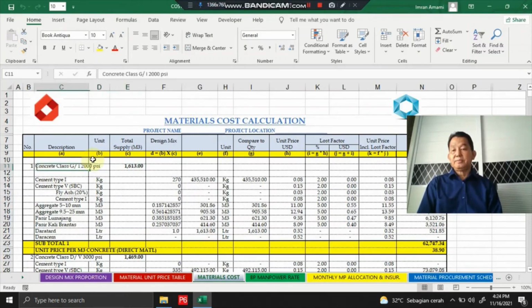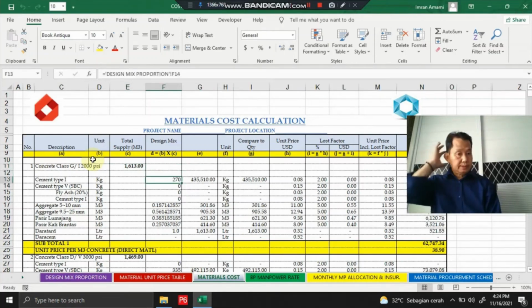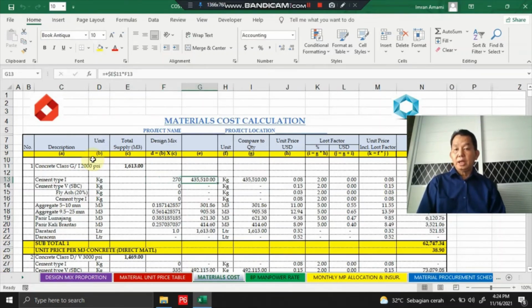For example, concrete class G type 1 with strength 2000 psi, we have a total supply of 1613, and we have the material proportion based on the approved design mix, and then we calculate the design mix and the total of concrete supply.